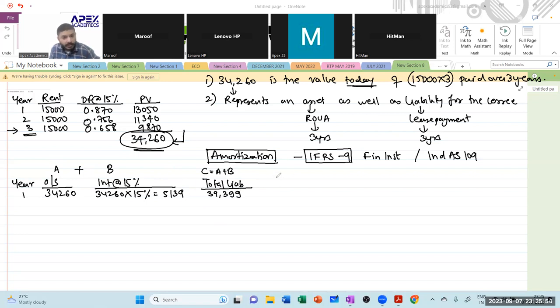Now, you are going to pay your installment. What is your installment amount? As you might have guessed it, it is 15,000. In this 15,000, there is an interest component and there is a principal component. The interest component is 5139. What is the principal component? Out of 15,000, it is 9861.